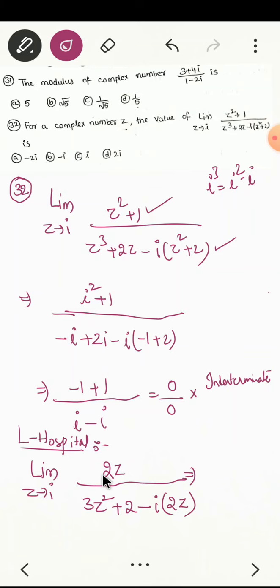Now apply: 2i divided by 3 i square, which is minus 3, plus 2, minus i square is plus 1, plus 2. 4 minus 3 is 1. 2i is the answer. 2i is the answer.